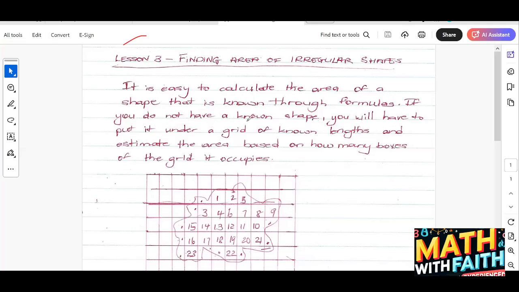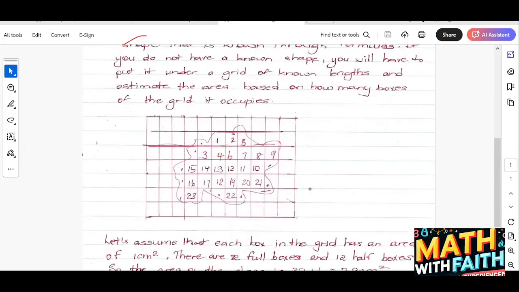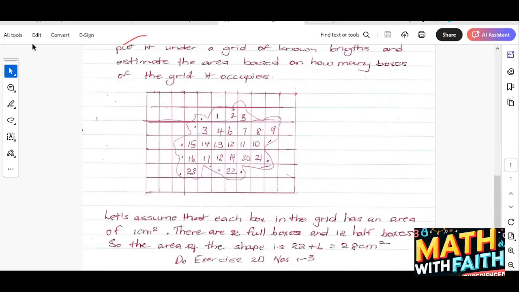So if you do not have a known shape, you will have to put it under a grid of known lengths and estimate the area based on how many boxes of the grid it occupies. The best grid that you could use is one that is 1 centimeter by 1 centimeter, where each length is 1 centimeter long, because it's easy to calculate the area using something like that.